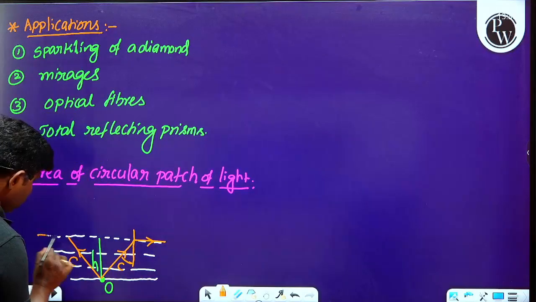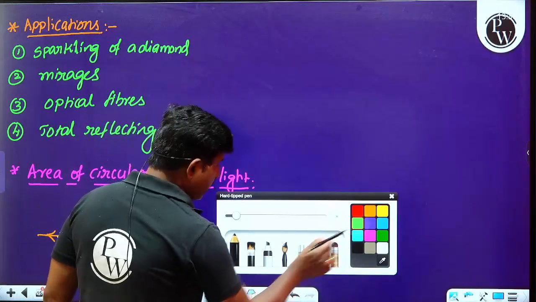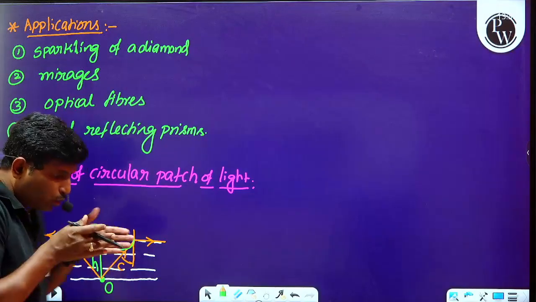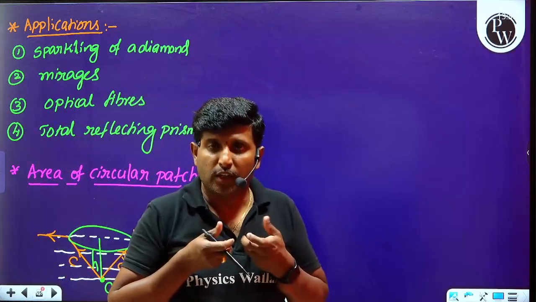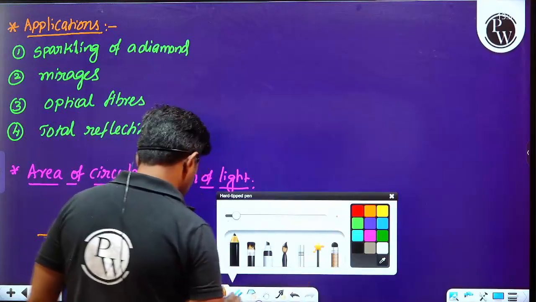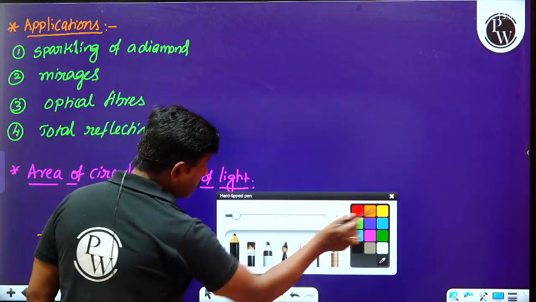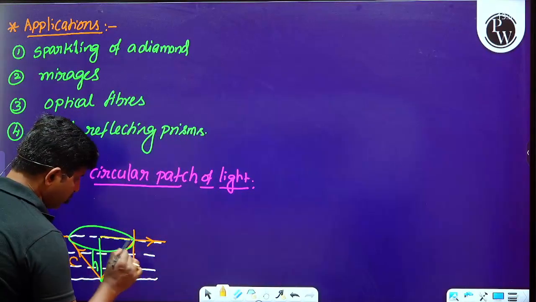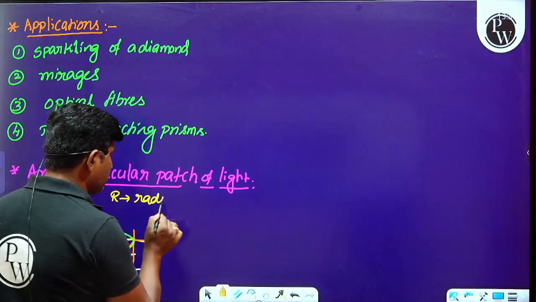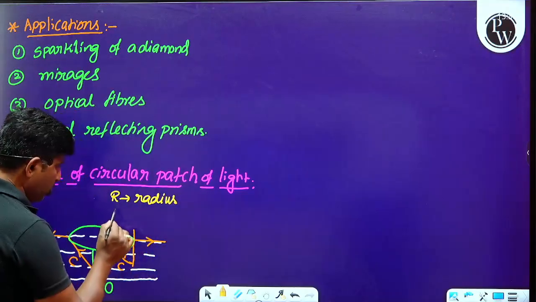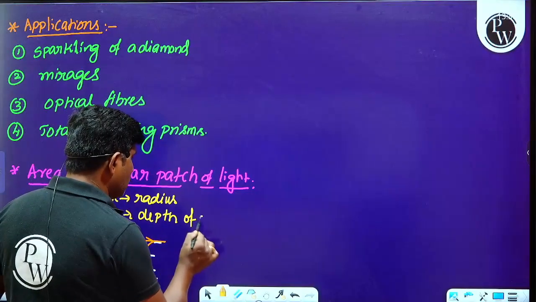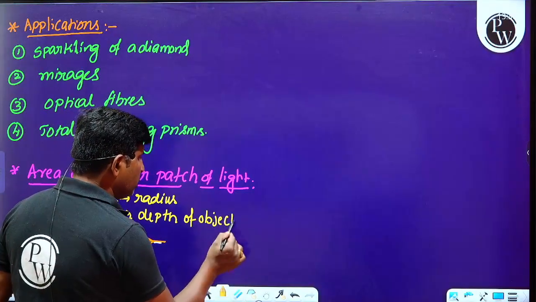Therefore we can say that there will be a region, or some area, through which we can see the object, or we can see the light coming from the object. So how to calculate that area? Let us say r is the radius of the circular patch, h is the depth of the object which is placed in the denser medium.